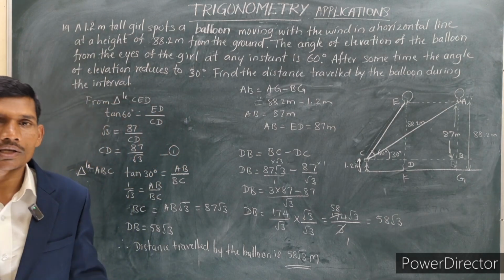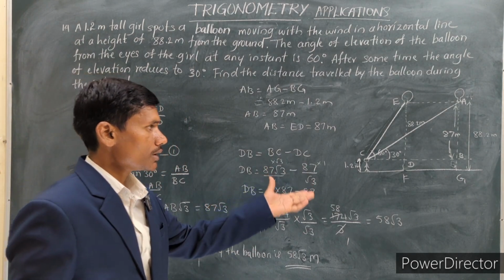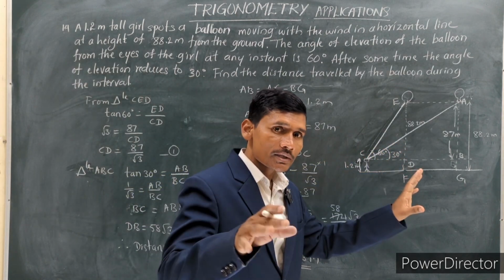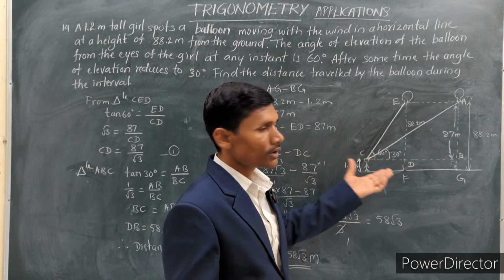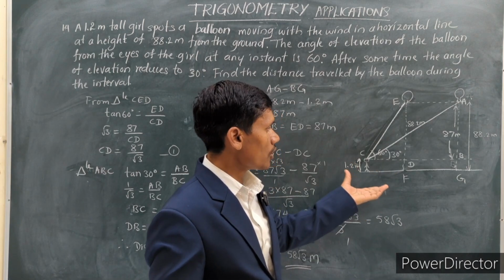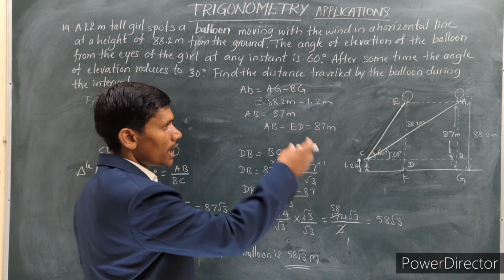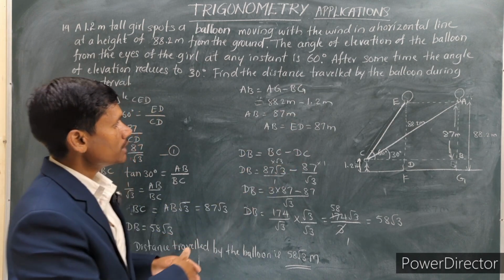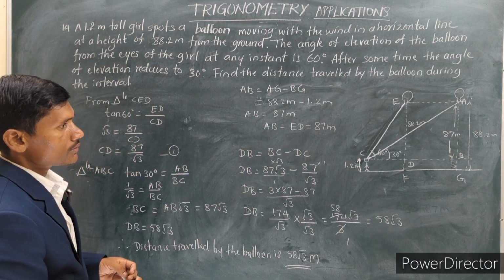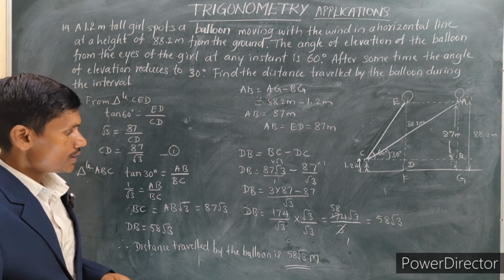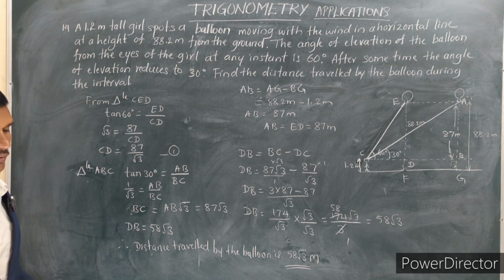This much distance it has traveled. If you go on solving, you take your own numbers. If the diagram is not given, I have shown first how to draw the diagram. Just go on reading what is given and go on drawing, you will get the diagram. With respect to the diagram, if you consider whatever the things are related, you will get the answer. 58 root 3 meter we got. This is the answer for this question.